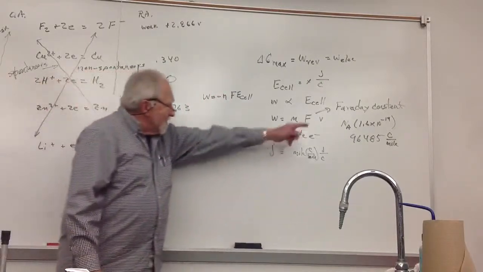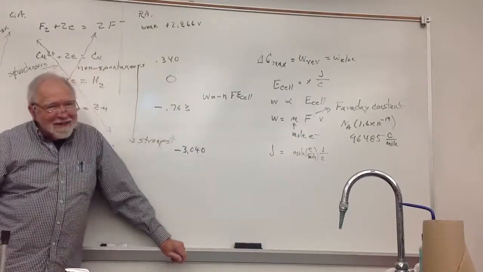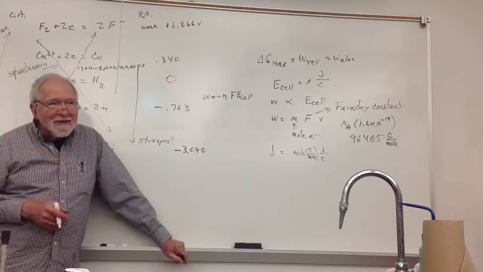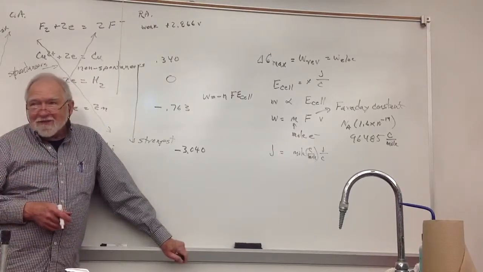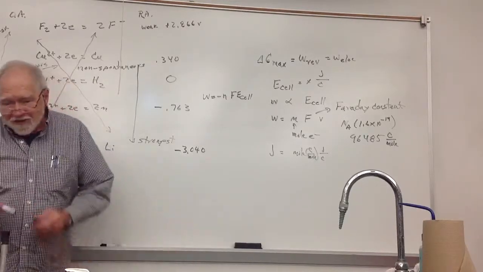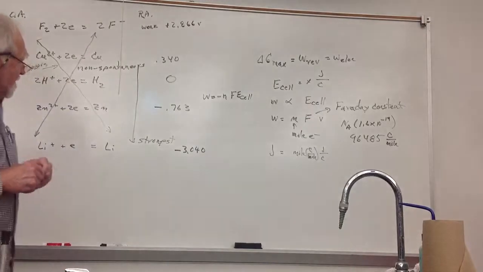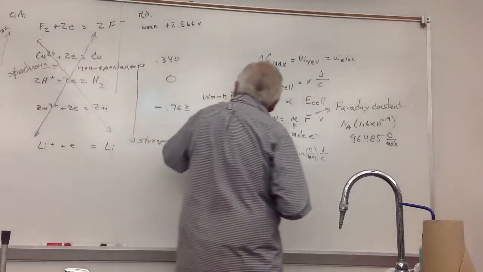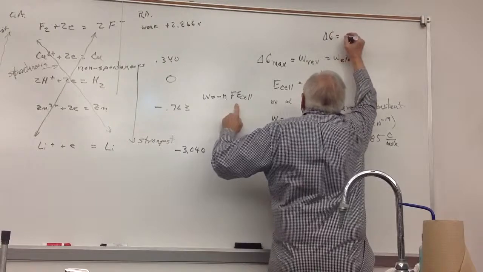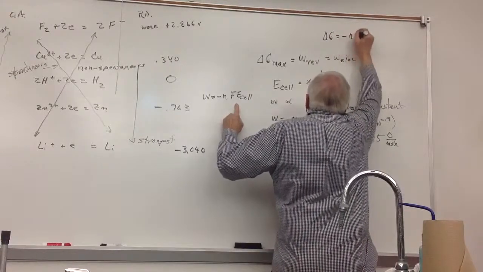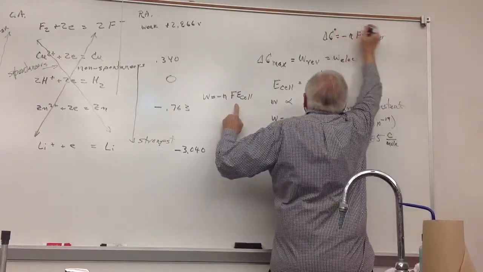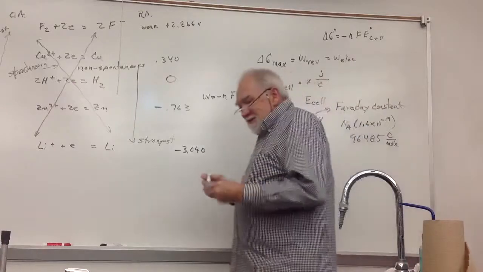I could have just left it minus 1.6, and my minus sign would have come out there. But I wanted to say those extra words, because the cell is doing work at the expense of free energy, and they make all these jokes that free energy isn't really free. It's just a name you give it. You have to do the work and use up free energy to get light bulbs lit or whatever. So there's the relationship. W is equal to minus NFE. So delta G, and if I want standard states, I put standard states. If I don't, I don't put them.